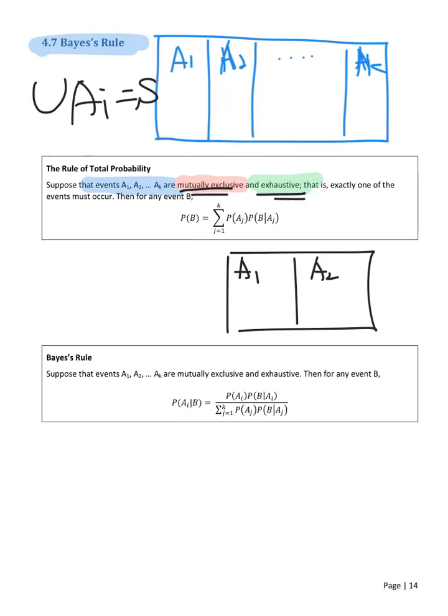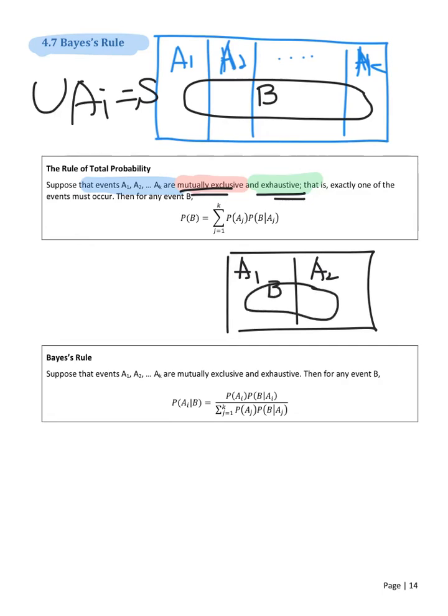It's good, right? And now we have another event, B. Like this. Here's B. So we have to understand the Bayes rule is based on this kind of Venn diagram.